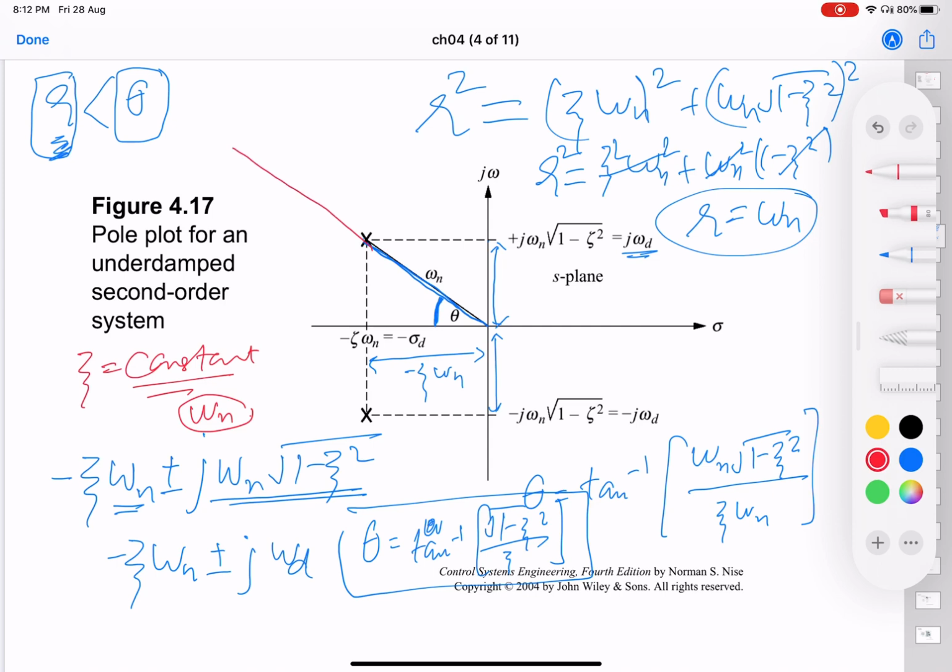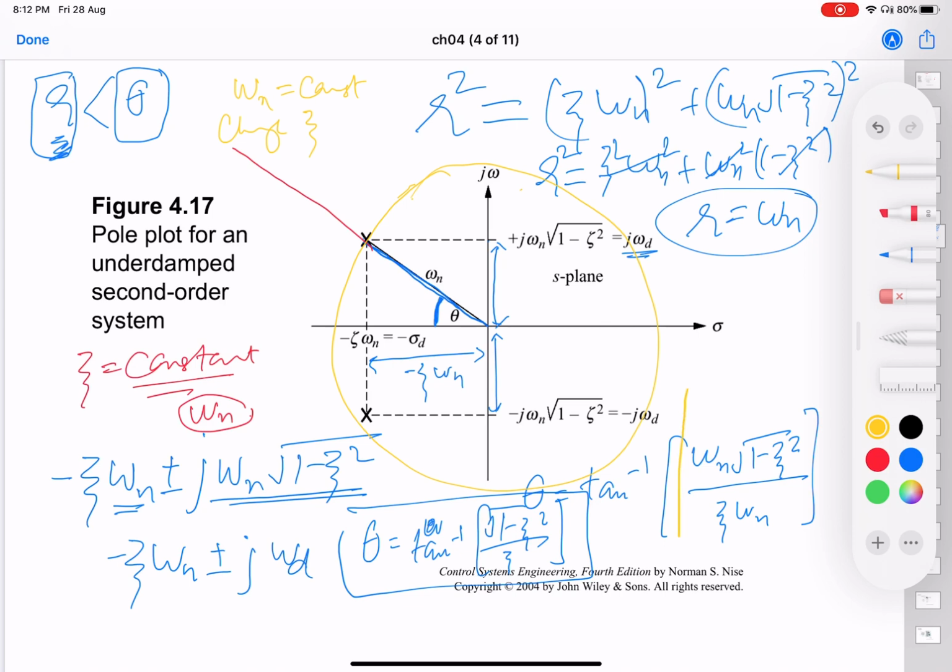And if you keep omega n constant, suppose you're changing the pole locations and you keep omega n constant and change zeta, then you'll be basically changing the angle. So you'll be moving in a circle like this. Right? So this is an important concept which will be useful later on. But this is not a point of discussion today.